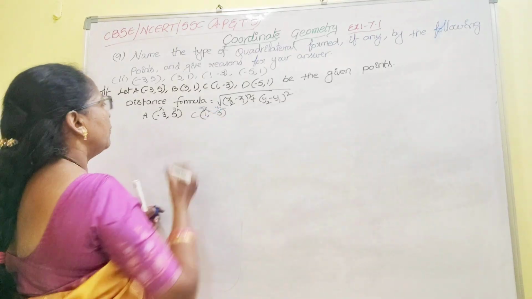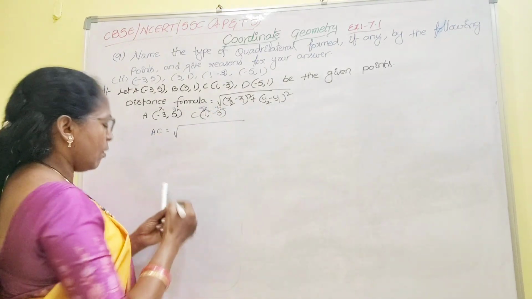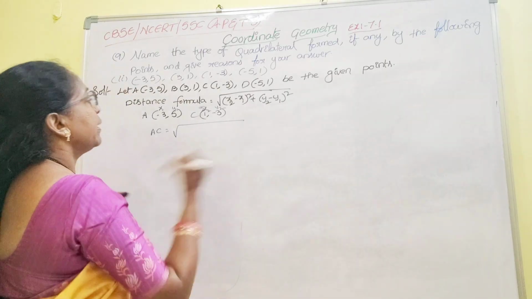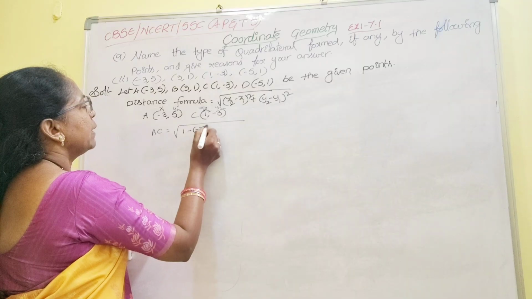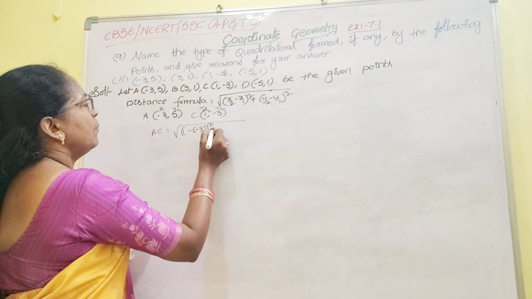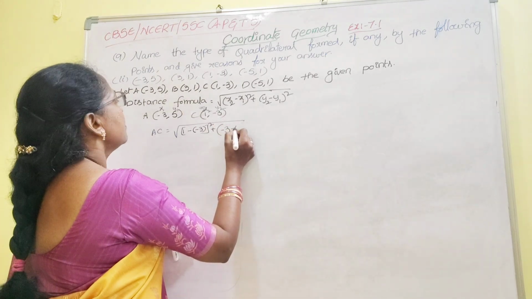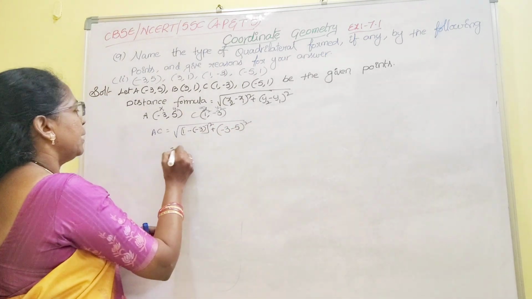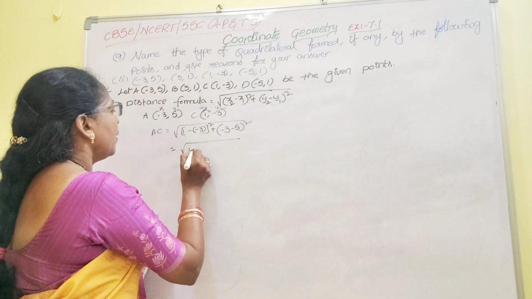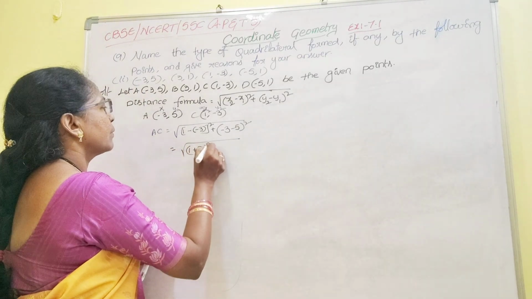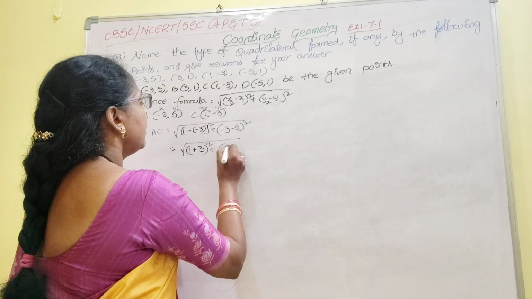Now the distance of AC, where AC equals the square root of (x2 minus x1) whole square, where x2 equals 1 and x1 is -3, plus (y2 minus y1) whole square, where y2 equals -3 and y1 is 5. That equals the square root of (1 plus 3) whole square plus (-3 minus 5), that is (-8) whole square.